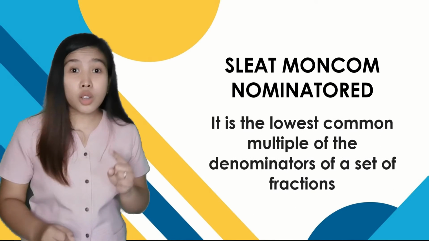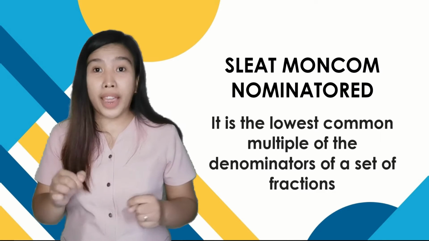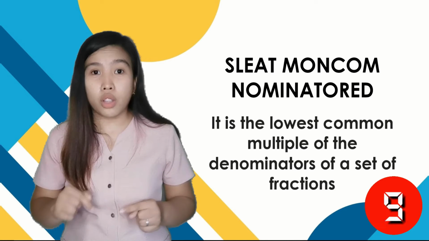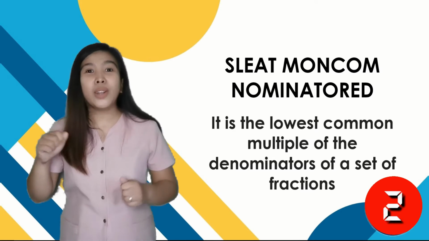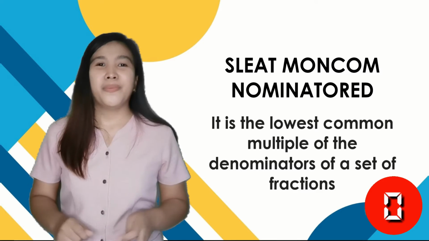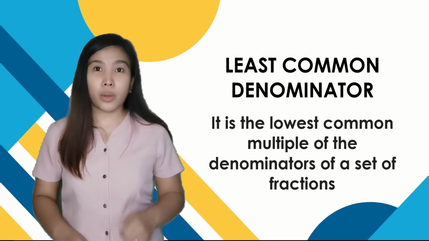It is the lowest common multiple of the denominators of a set of fractions. So 5, 4, 3, 2, and 1. Very good. So that is least common denominator.